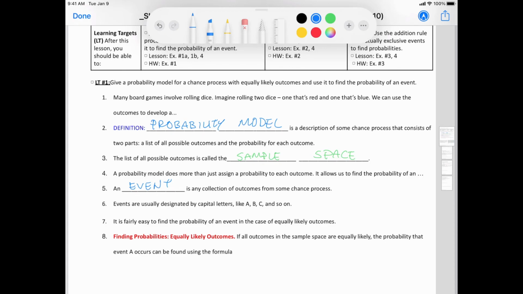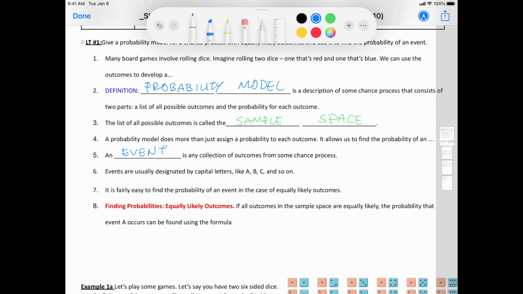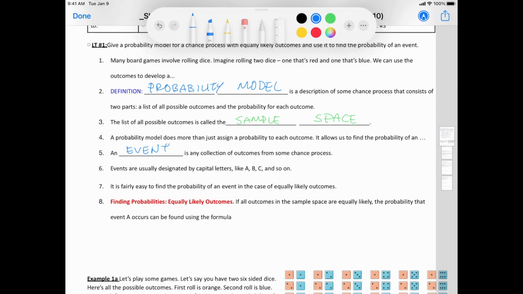Finding probabilities is all about equally likely outcomes. If all outcomes in a sample space are equally likely, the probability that event A occurs can be found using this formula.